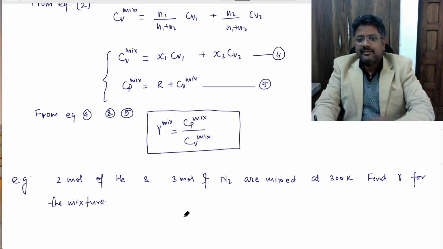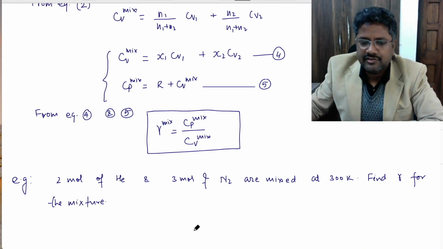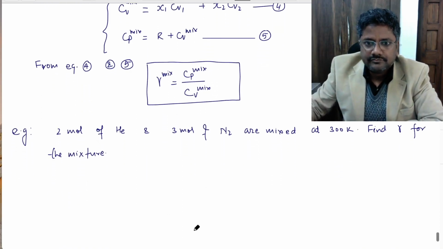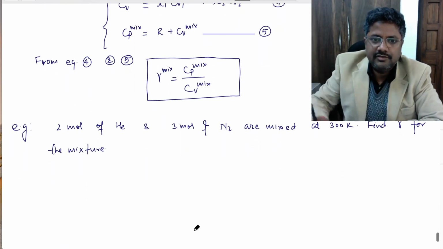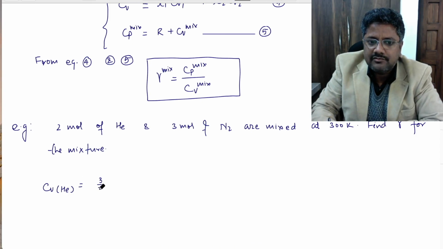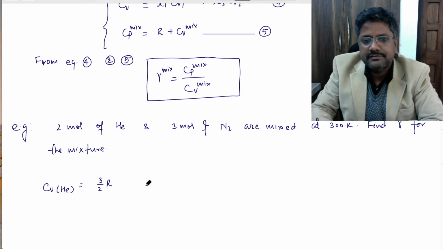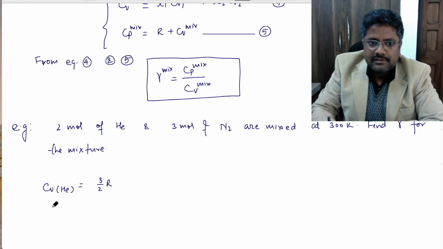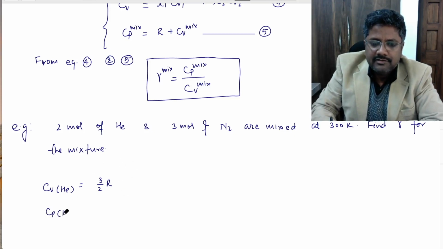Find gamma for the mixture. So you know CV for helium is equal to 3 by 2R, and CP for helium, monoatomic, is 5 by 2R.